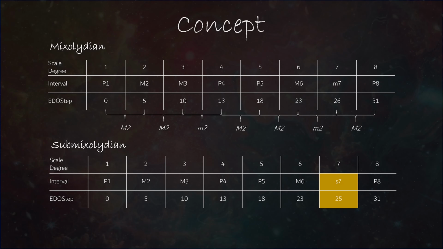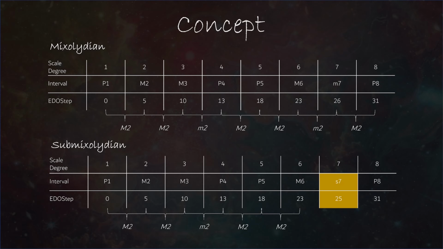And if we look at the step pattern, we can see that it's quite uneven. Between the first and second scale degrees, we have a major second. From 2 to 3, we have another major second. From 3 to 4, we have a minor second. From 4 to 5, we have a major second.